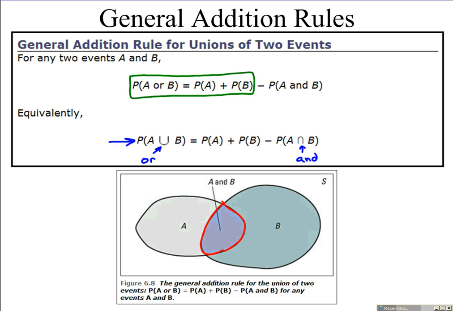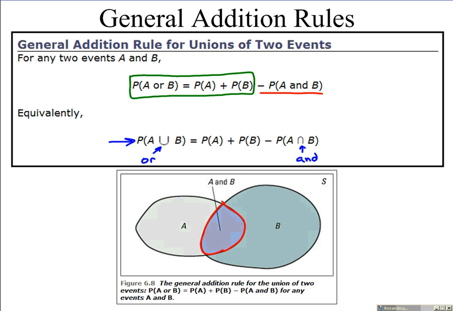Because I counted it when I counted A, I counted it again when I counted B. So because these are not disjoint events, I need to then turn around and subtract out the probability of A and B happening to ensure that I'm only counting those things one time.